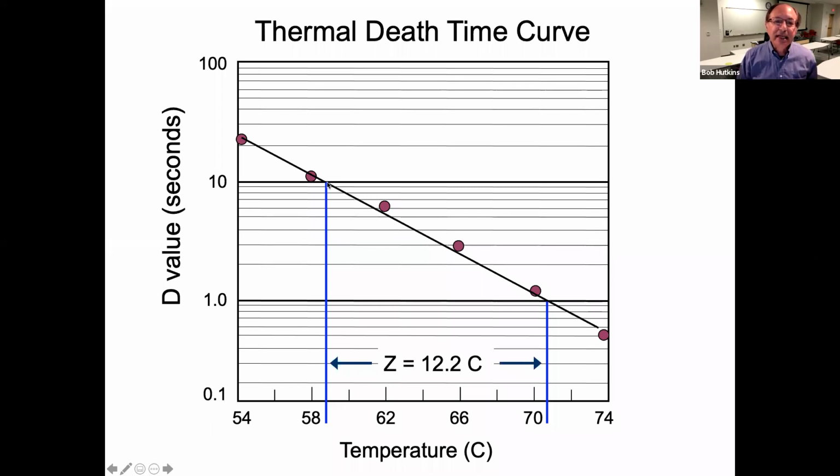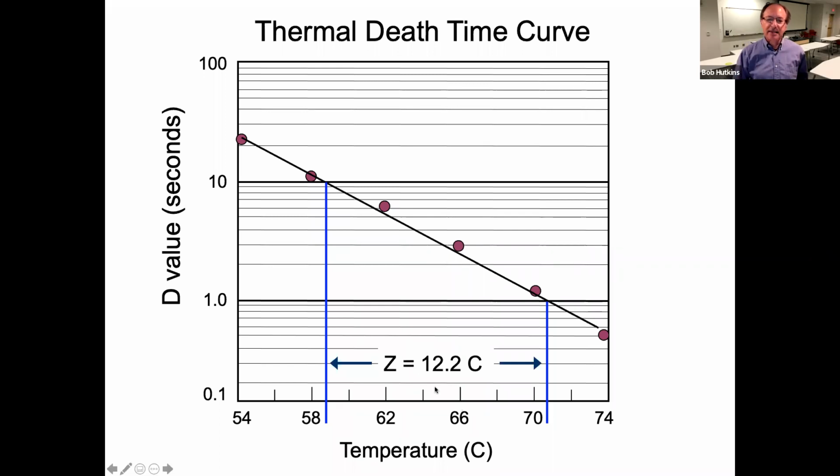So if the D at 59 looks to be 10 seconds, and we go down 1 log less than 10 seconds, which would be 1 second, from 10 to 1, it takes 12.2 degrees hotter.